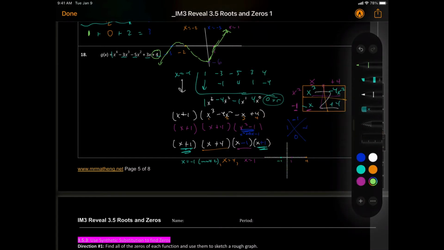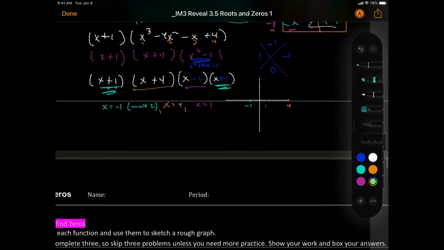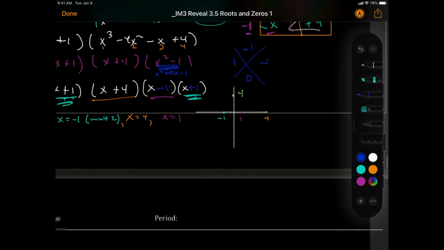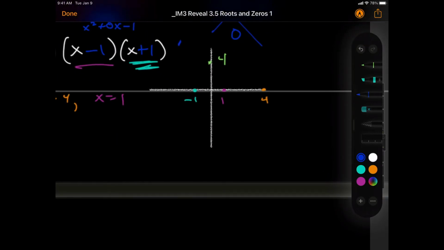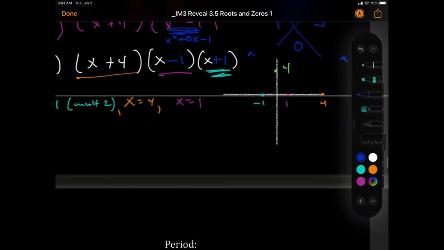It's 4. Okay, so we have a 4th degree polynomial, which means it's an even degree. Starts up, ends up. And remember, at -1, it's a multiplicity of 2, so that means it bounces, or a kiss.